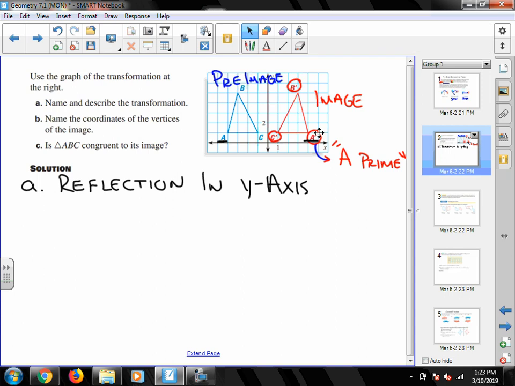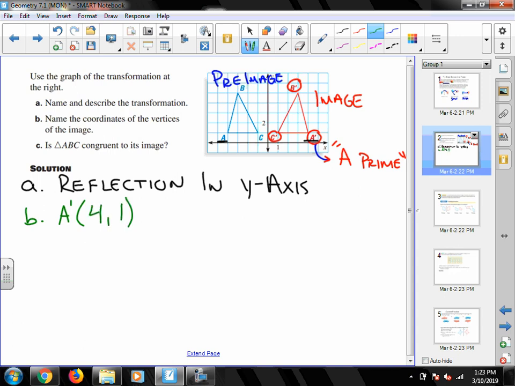We need to name the coordinates of the vertices of the image, part B. So the image, I can see that I have A prime at the point 4, 1. So I went to the right 4, up 1. Okay.